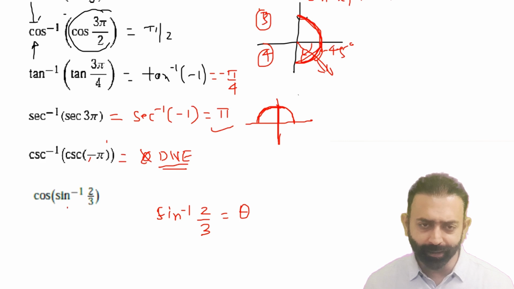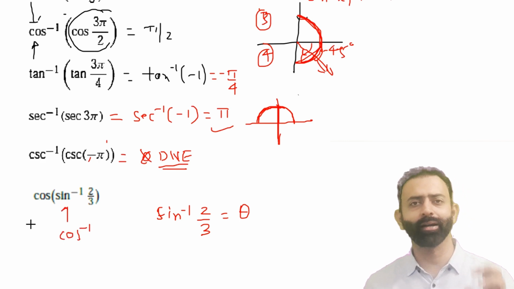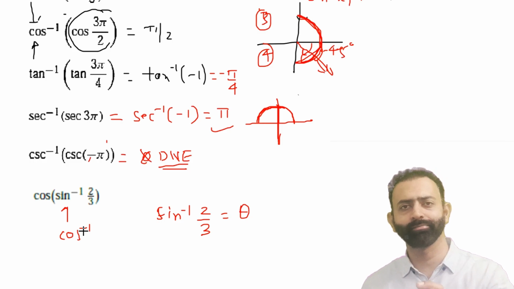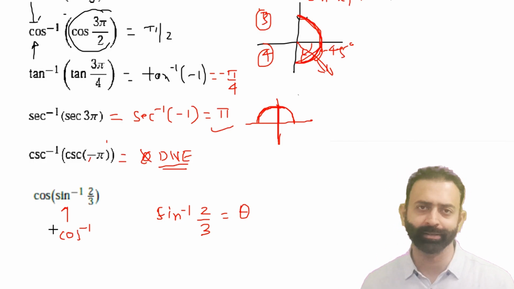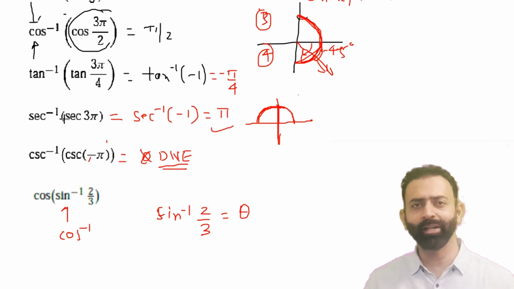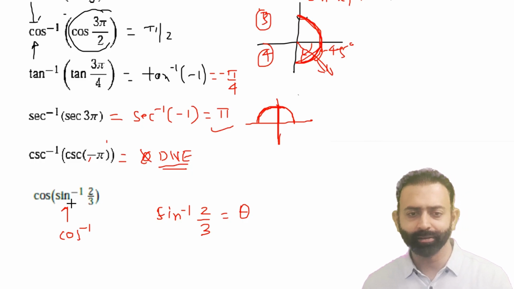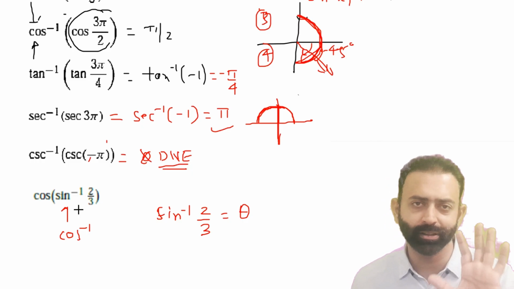Because we need to write sine inverse in terms of cos inverse, so that I can write cos of cos inverse x as just x. These two trigonometric ratios must be inverses of each other. Sine inverse is not the inverse of cos, so we need to bring in cos inverse. So we need to write sine inverse in terms of cos inverse. This is our basic task.